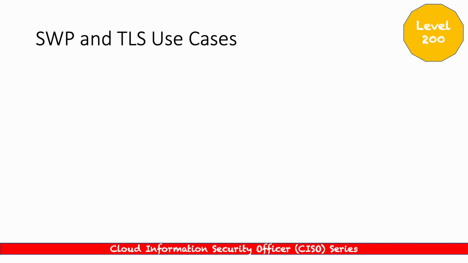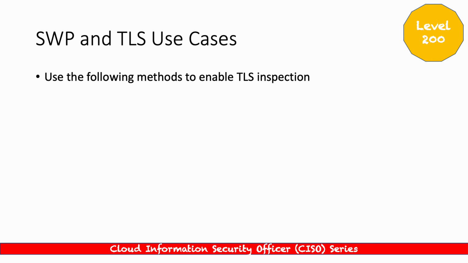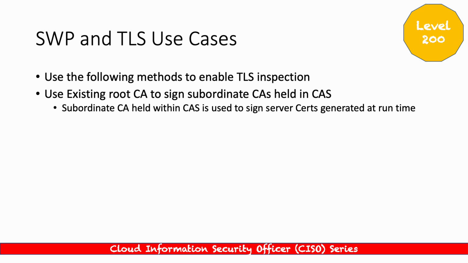Now, in terms of the use cases around TLS and Secure Web Proxies, the following are examples where we want to enable TLS inspection. If you're using an existing root certificate to sign subordinate CAs held in Google's Certificate Authority Service, then the subordinate CA held within the CAS is used to sign the server cert generated at runtime.